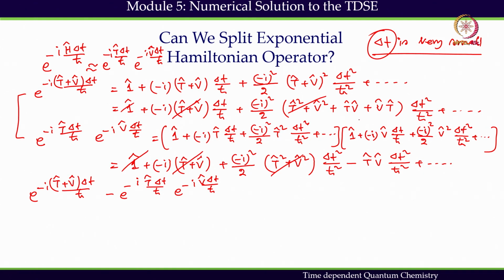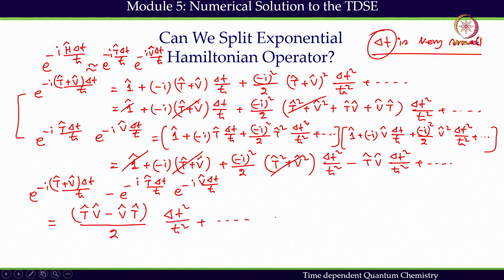So, I will have the difference between the remaining parts, and one can show very easily, minus half, with a little bit of simple algebra, one can get (TV minus VT) by 2 multiplied by delta t square by h cut square plus other terms.